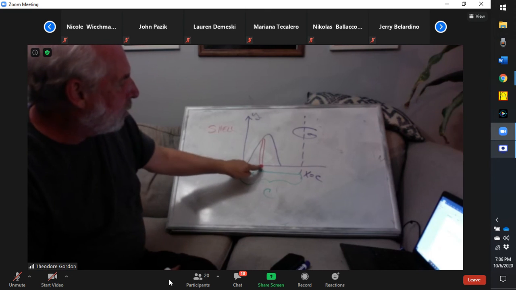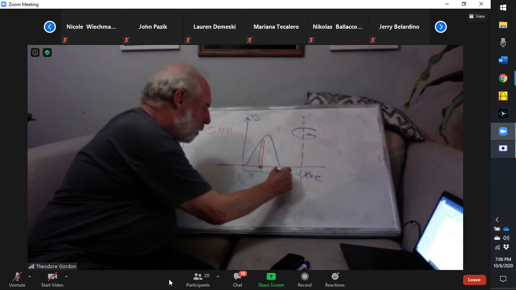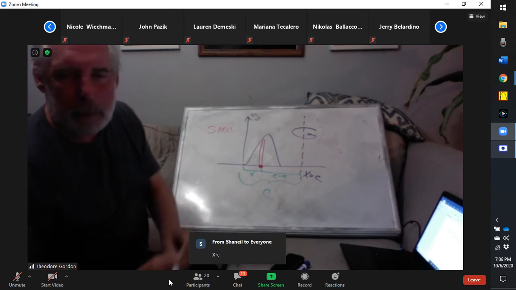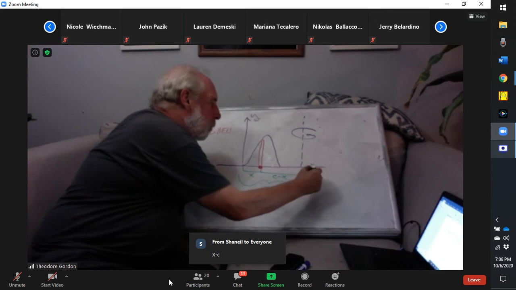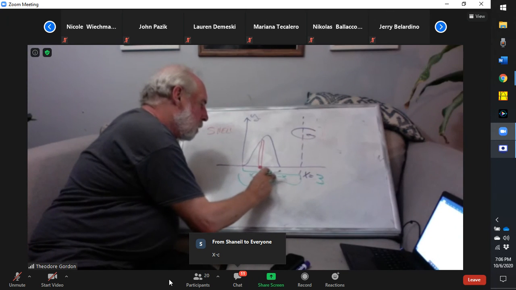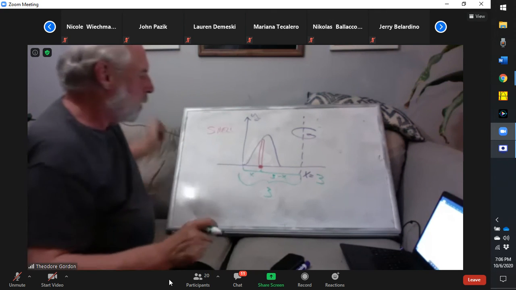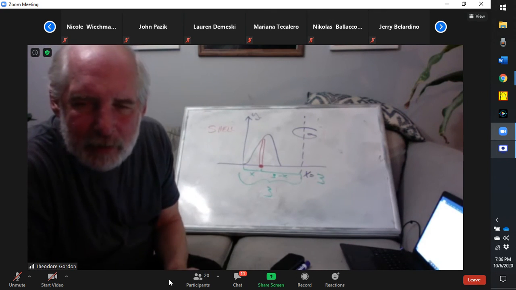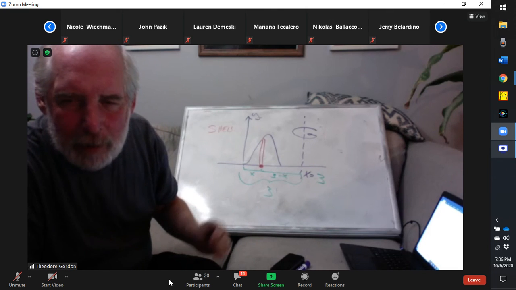From here to here is x. So from here to here is the rest of it, which would be c minus x. So on the last problem, this was a 3, this was a 3, and this was a 3. So that's where the 3 minus x came from. So Chenille, you got to do it the other way around. You have that backwards.